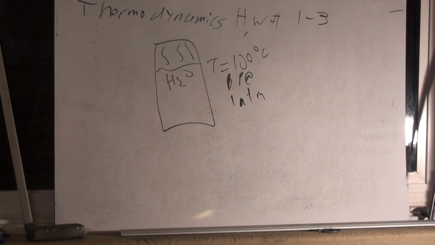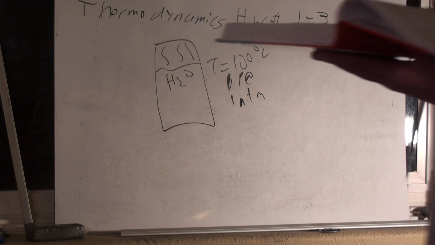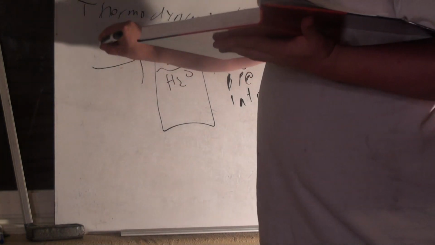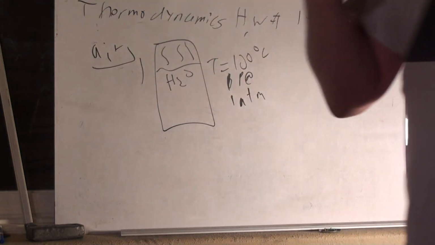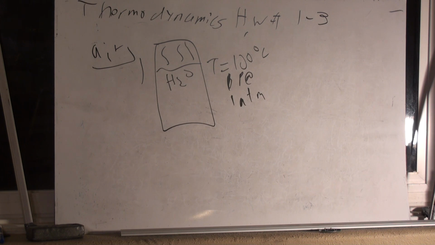Some of the water is in the liquid phase and some is in the vapor phase. Air is then injected, so I'm going to bring in air here, which is typically an ideal gas, in an isothermal process at constant volume.